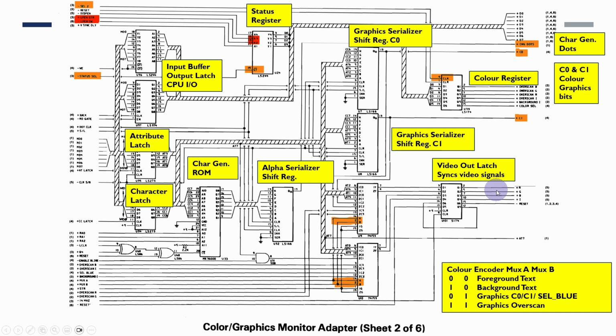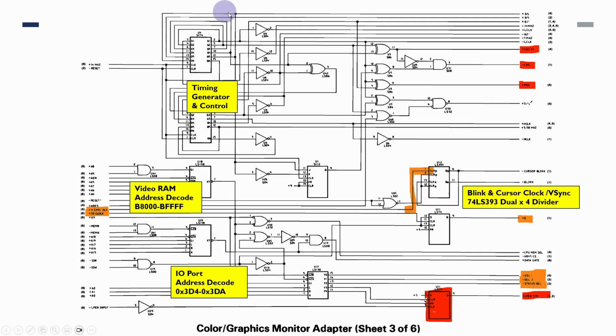Now there's also a color register here, so this color register provides color selection information, and the overscan RGB information and background intensity information is actually used down here to determine which colors are going to be sent out to the video output here. And the color encoder down here, there are two multiplexer lines, MUX A and MUX B, and these control whether we're doing foreground text, background text, whether we're using the graphics or the graphics background, graphics overscan.